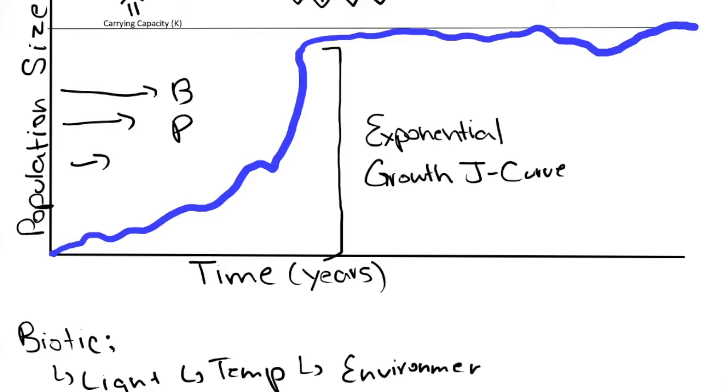These factors can work both ways for the population of an environment. The population of an environment can have an adequate amount of light, an adequate amount of temperature, and an adequate environment to sustain itself, but it can also have really harsh light, really harsh temperatures, and a really harsh environment for the population to thrive.